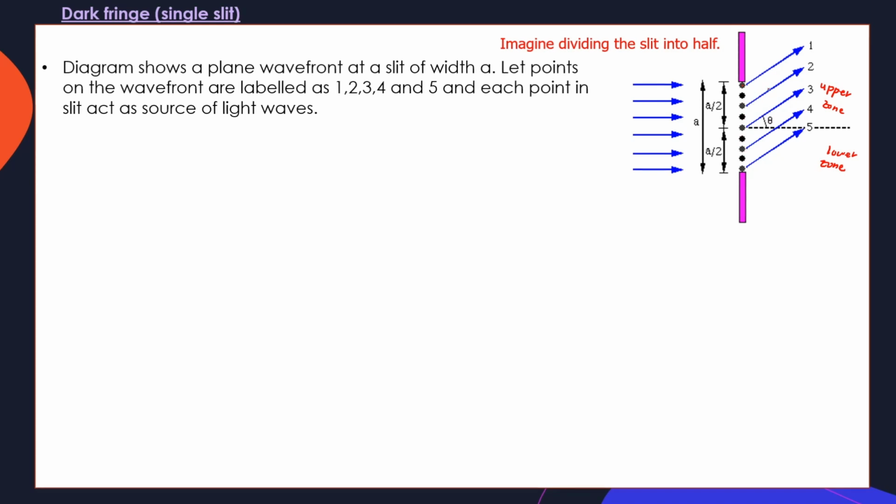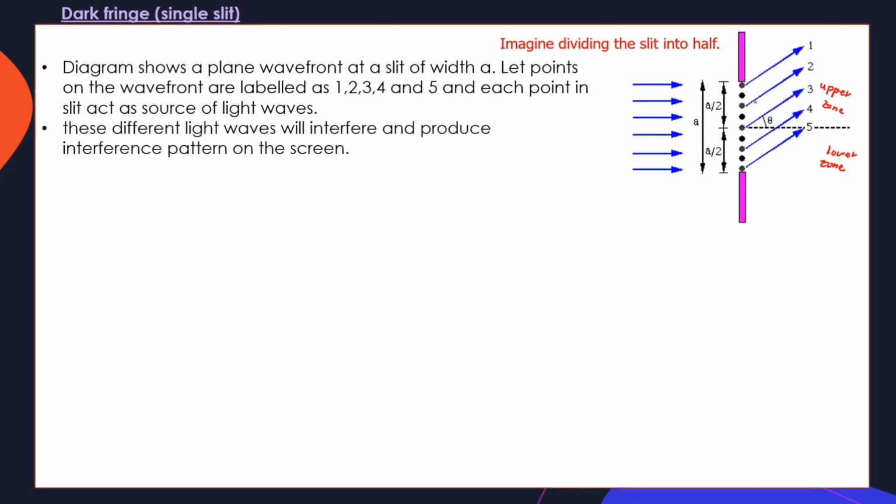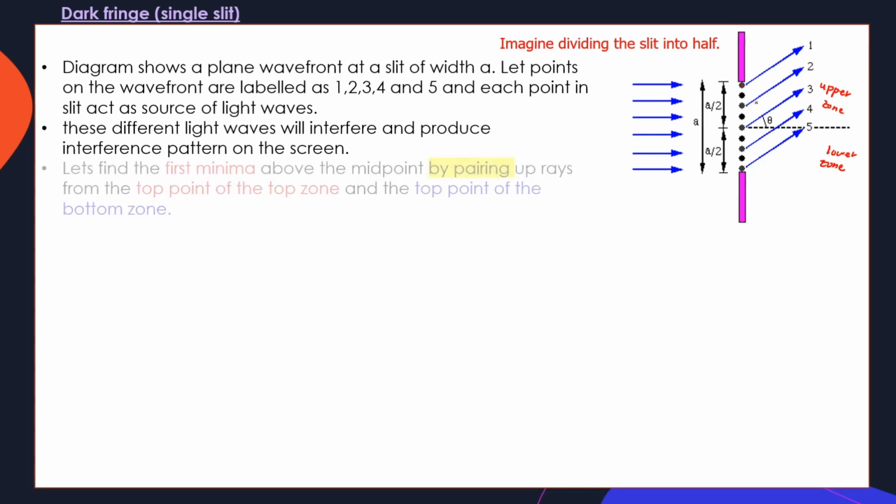Each point acts as a source of a light wave, so these different light waves will interfere. For example, wave 1 and wave 3 will interfere and produce an interference pattern on the screen.